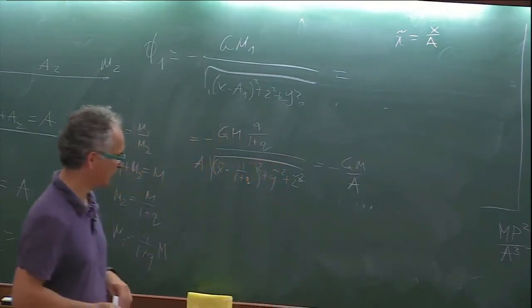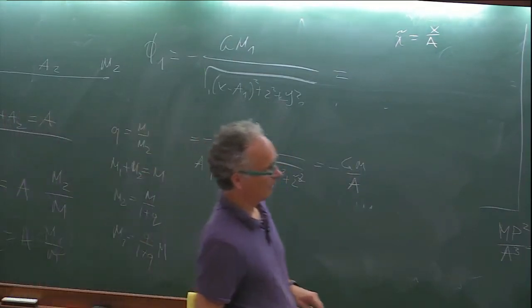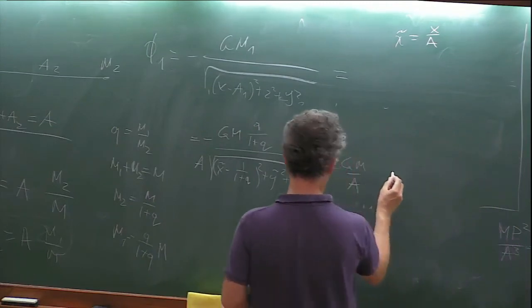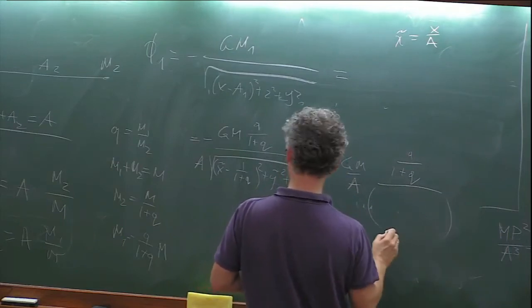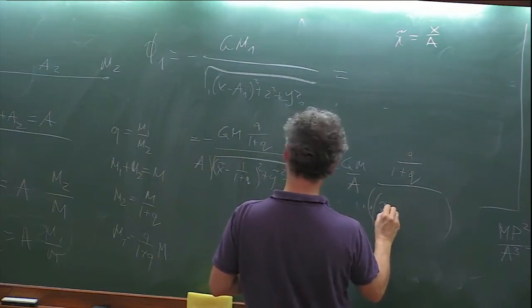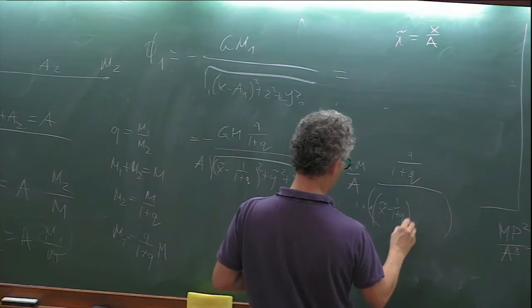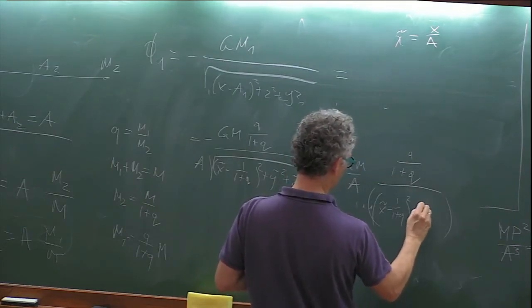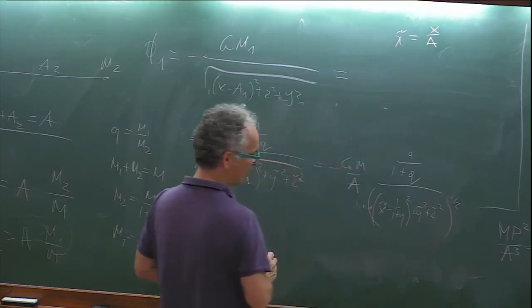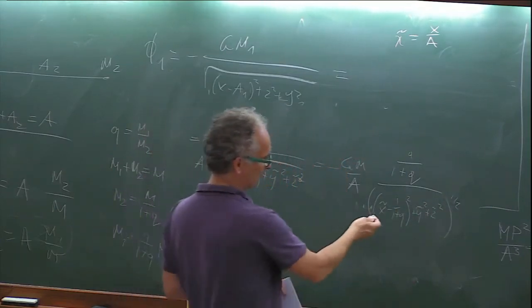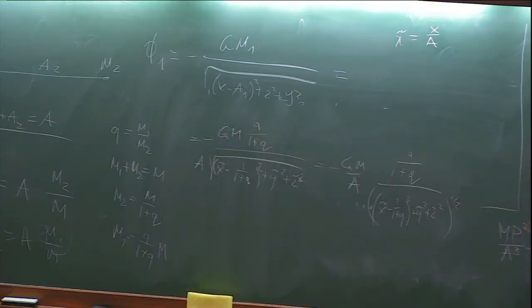So the Roche lobe potential, phi1, is that. Analogously, phi2, the second part, can also be expressed as GM over a and a function of q and these reduced distances.